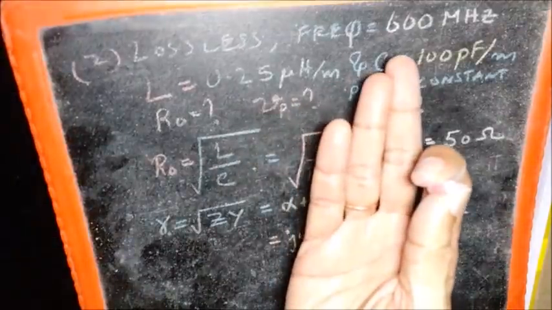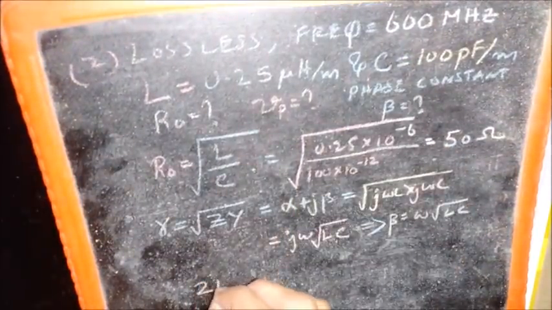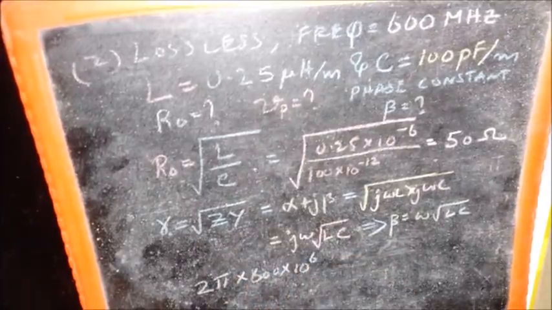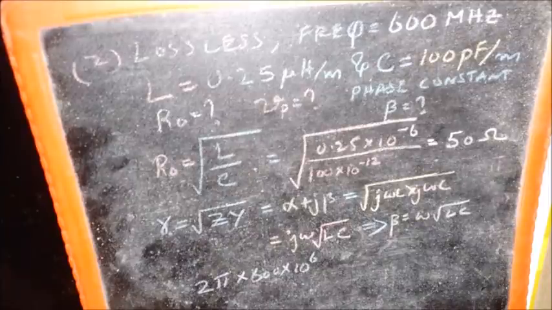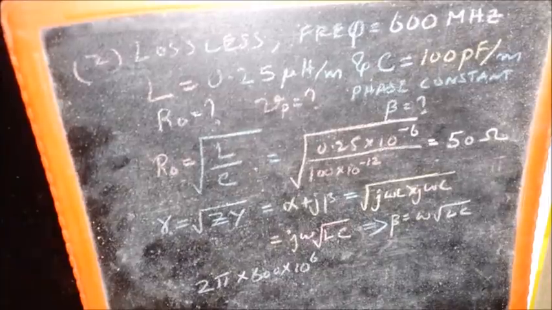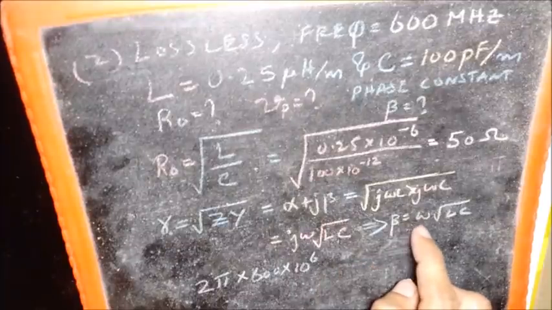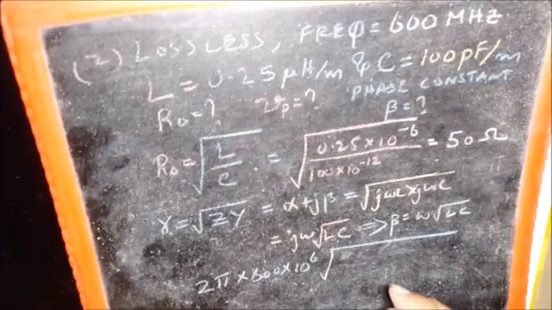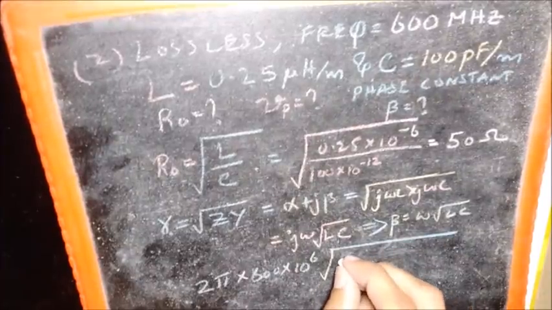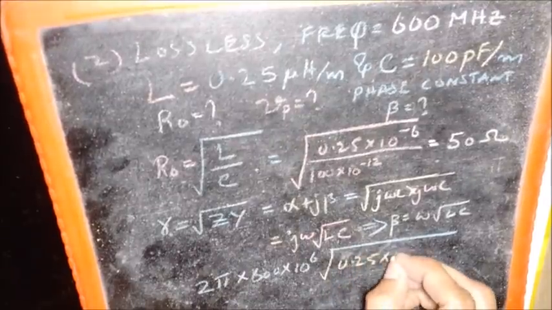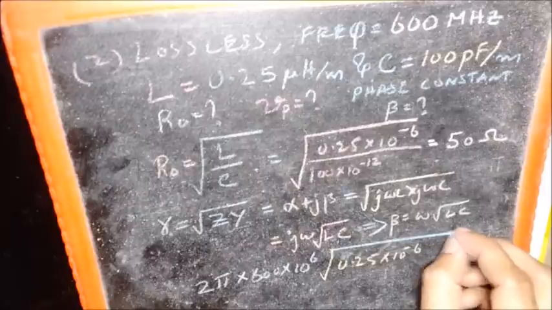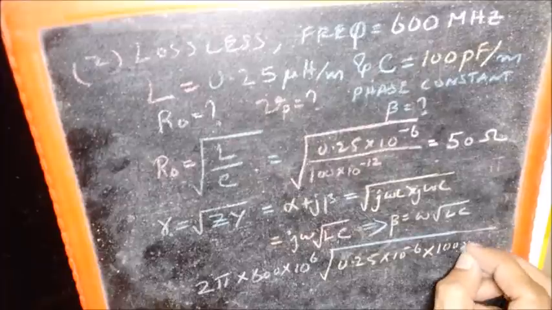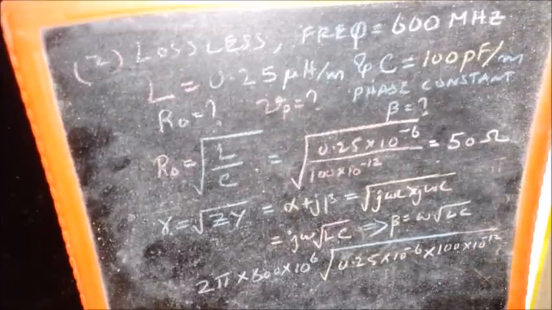So phase constant you can straight away find out as equal to omega root LC. We can find omega from the given frequency 600 megahertz. So 2 pi into 600 into 10 power 6, that is omega, root LC, square root of L is again 0.25 into 10 power minus 6, into C is 100 into 10 power minus 12.